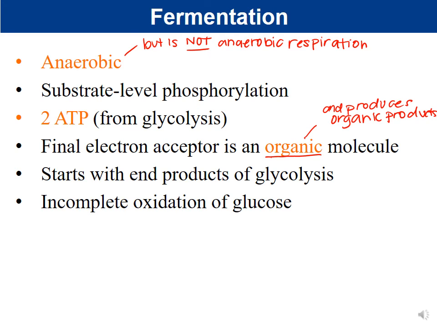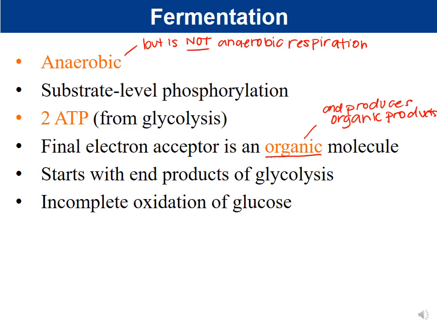That's different than anaerobic respiration. Anaerobic respiration breaks down the glucose completely to inorganic products like carbon dioxide. And in anaerobic respiration, we have an electron transport chain. And we also have, in the case of anaerobic respiration, the final electron acceptor is inorganic. But again, in fermentation, the final electron acceptor is organic.